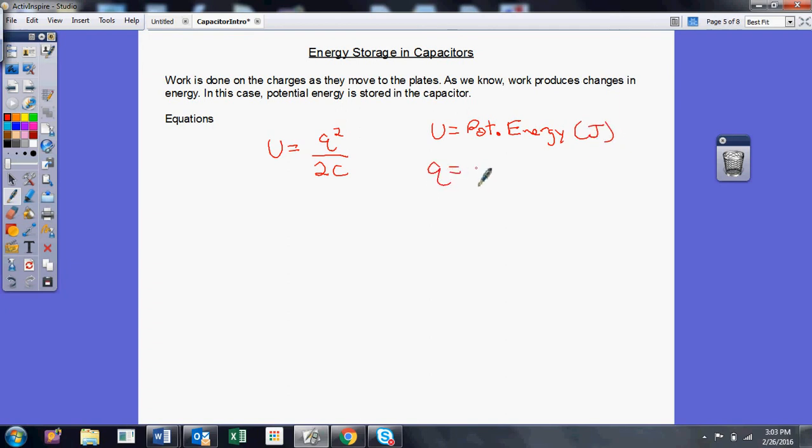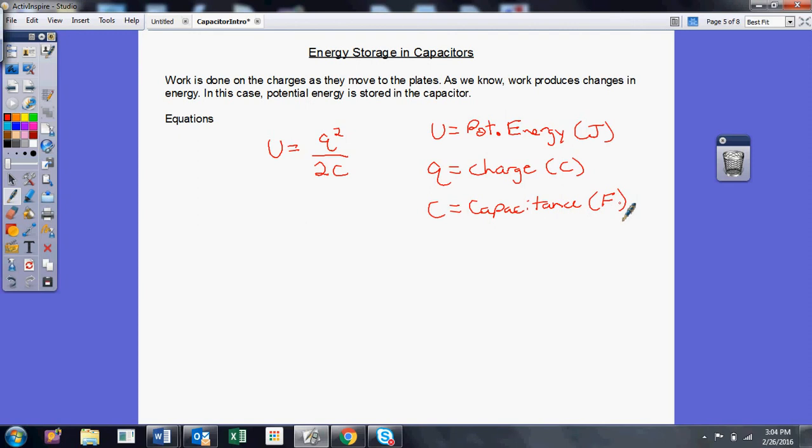Q is equal to charge. Charge is going to be measured in coulombs, and C is capacitance. That's going to be in farads.